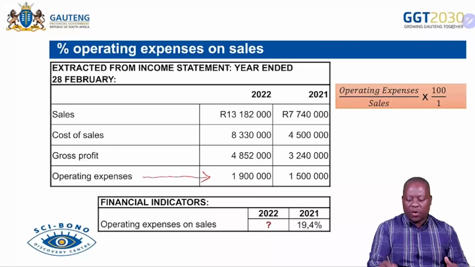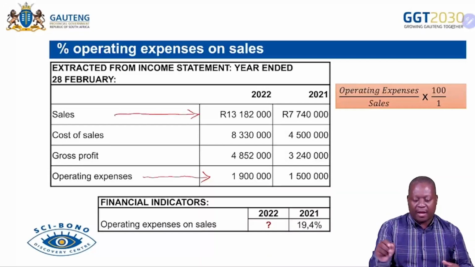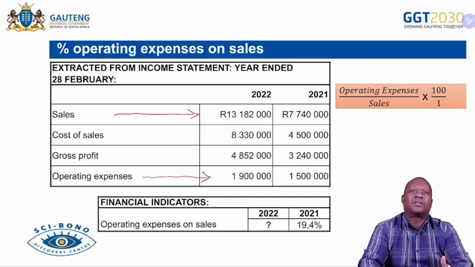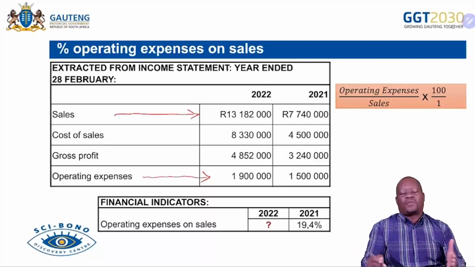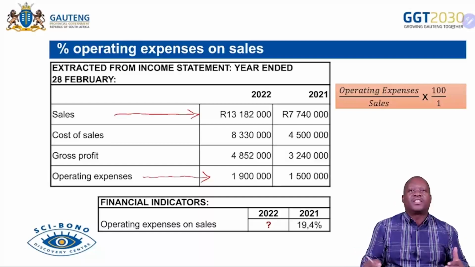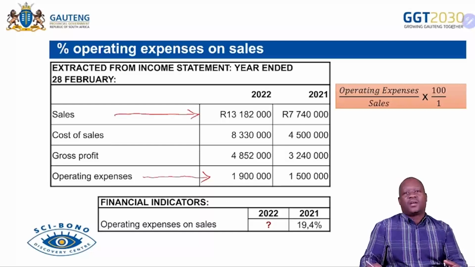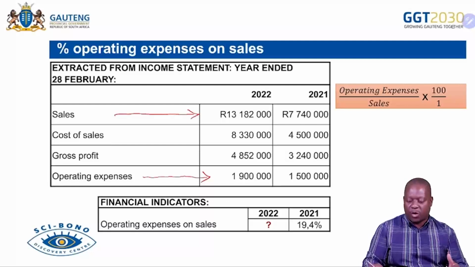We also look for sales. There we are, the first figure on top here, sales, 13,182,000. Now, it therefore means those are the only two figures that we are looking for from the information that is provided. Always check, when you're dealing with this, they provide you with more information than required. So it is you who is going to take the information that is to be used, and then you are just going to put it into the formula given.